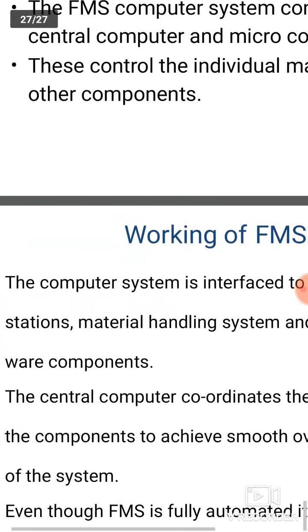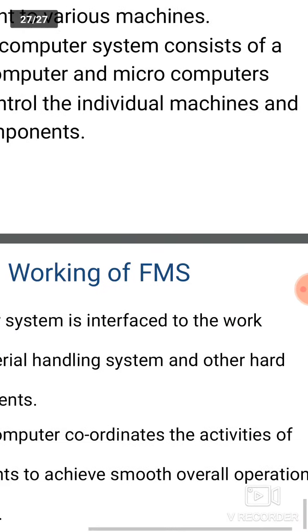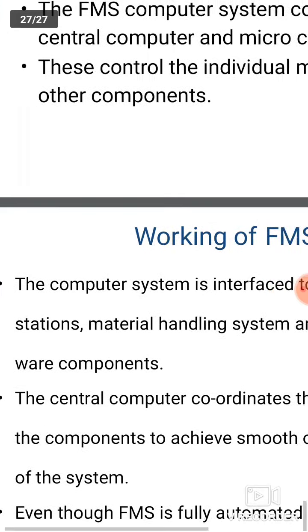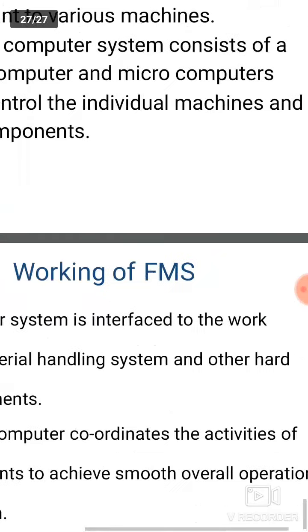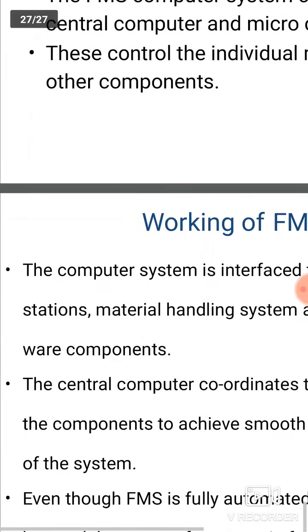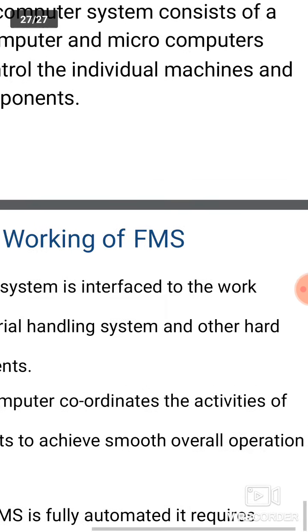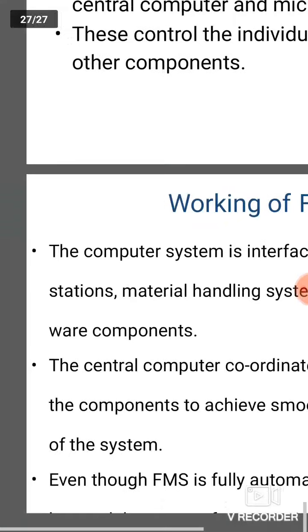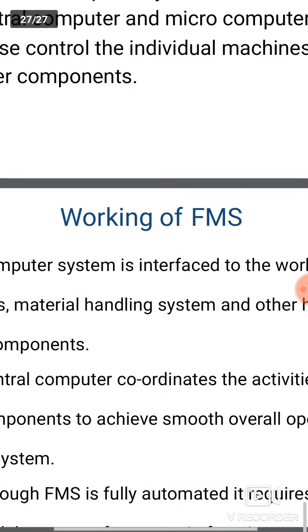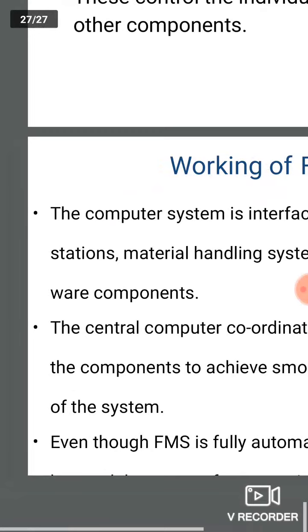Next, the computer system is interfaced to the workstations and the material handling system, which are the hardware components. When the materials are very heavy, they will be handled by robots or automatic systems. The central computer coordinates the activities of the components to achieve smooth overall operation of the system.